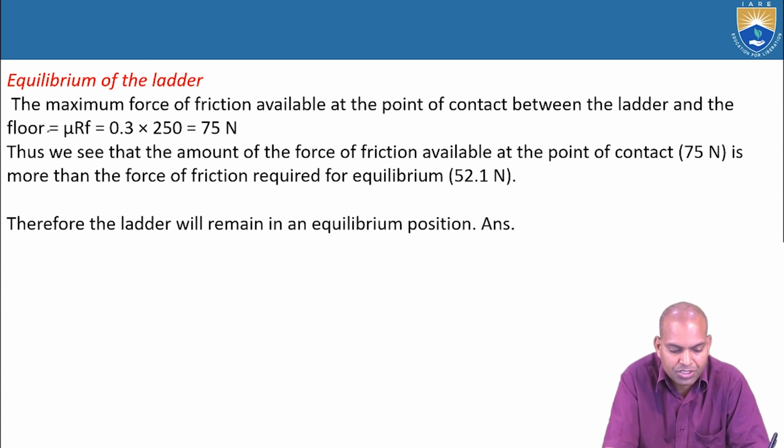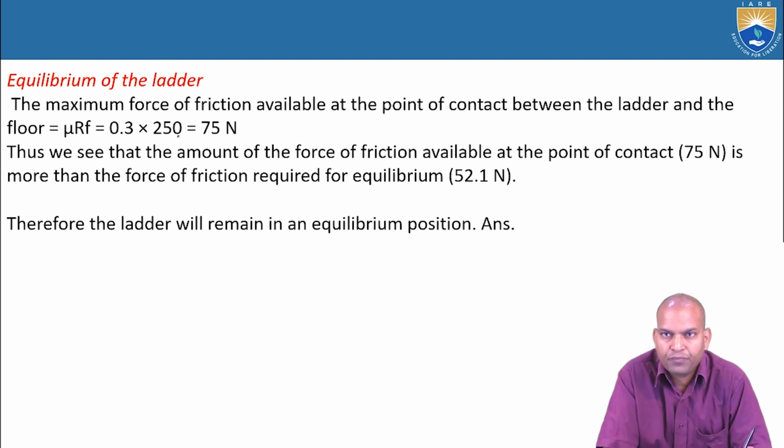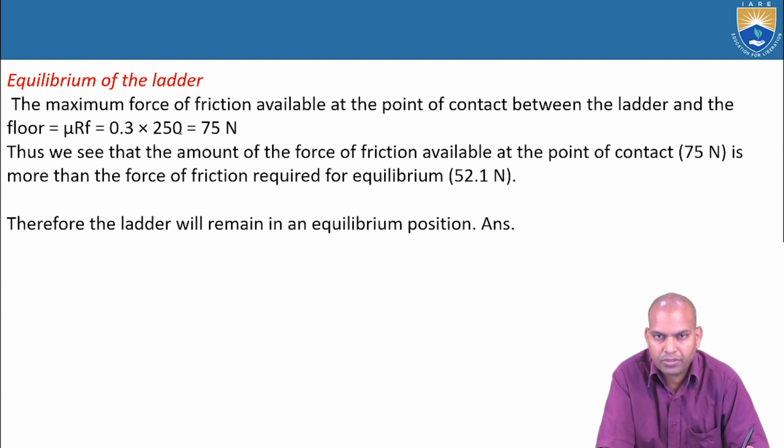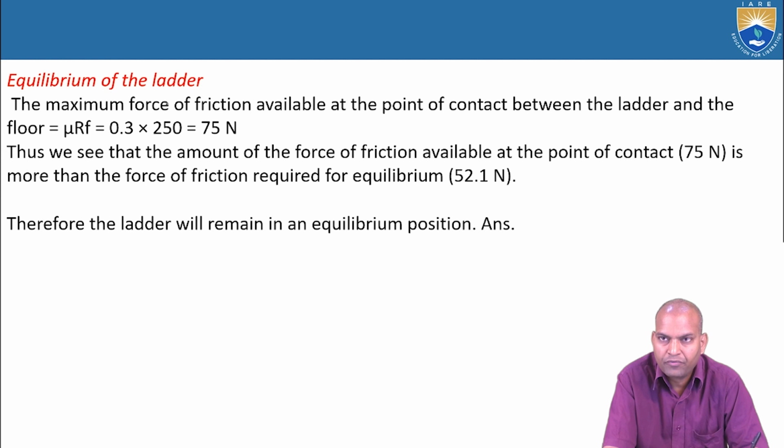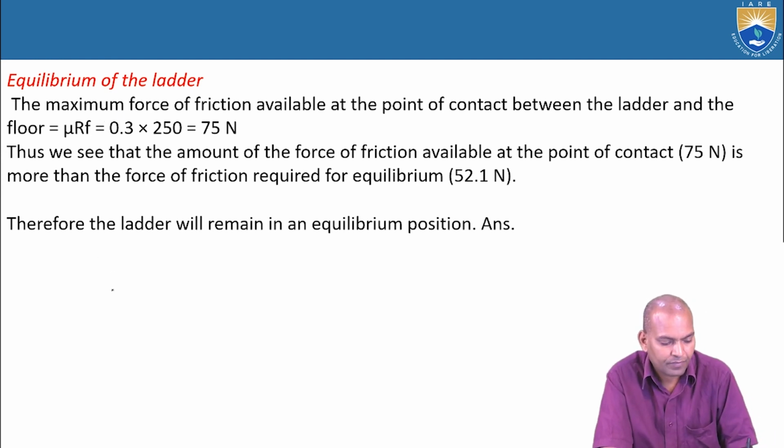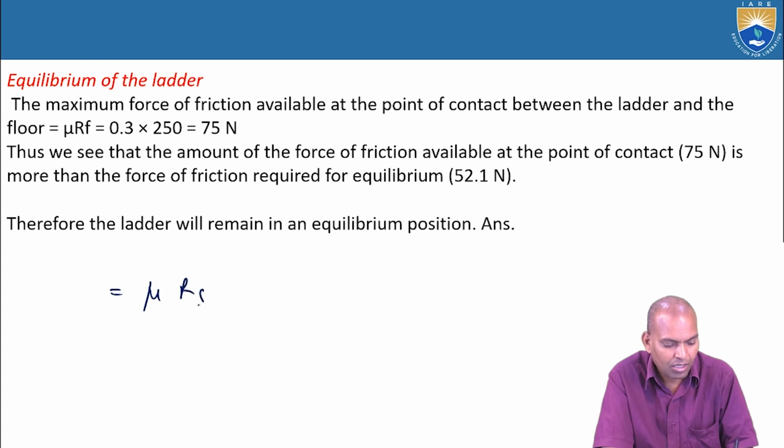Here the explanation is that the maximum force of friction available at the point of contact between the ladder and the floor is mu times RF.